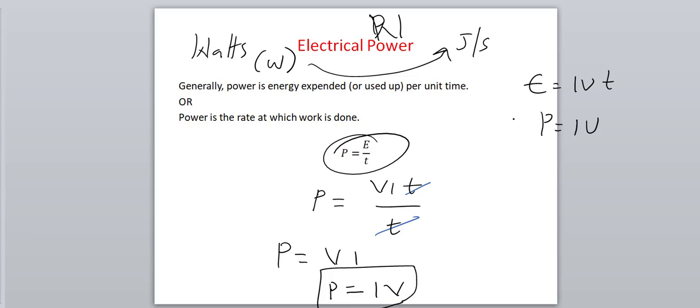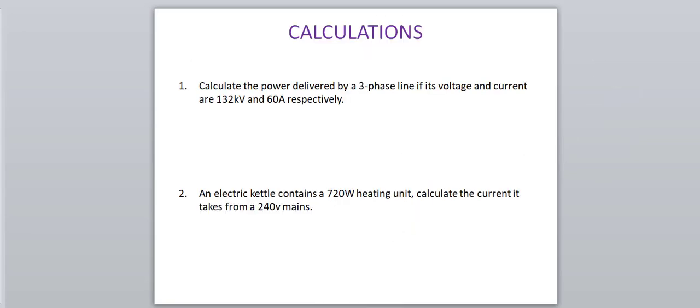With these two formulas now, we can go ahead to solve some questions under electrical energy and power. The number one question says we should calculate the power delivered by a three-phase line if its voltage and current are given. So we are given the voltage. Solution: V is 132 kV, kilovolts.